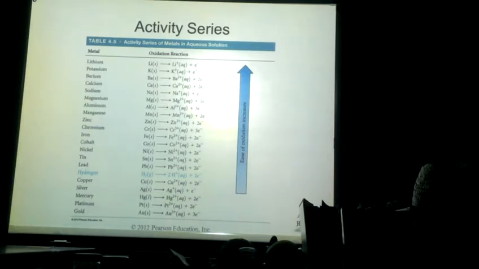I would say it could be oxidized by silver. So since copper is above silver, I could say copper can be oxidized by silver, okay? Same thing as lithium is above potassium. That means lithium can be oxidized by potassium.